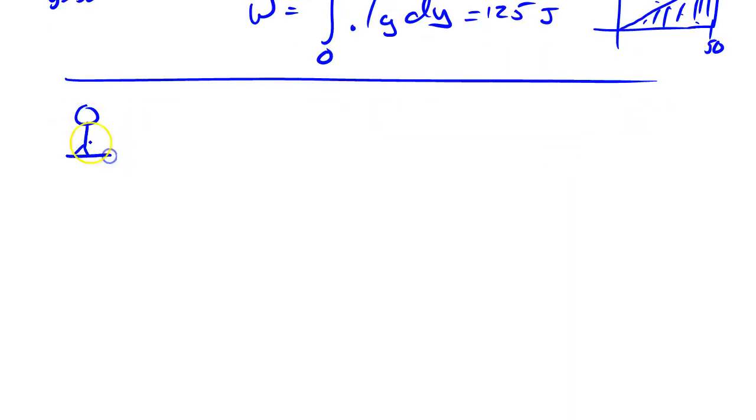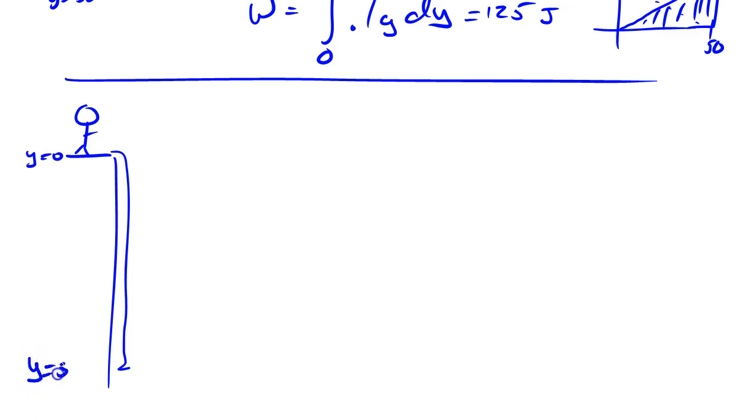Here's my celebratory mountain climber, and the rope hanging down all the way down to 50 meters. This time, what I'm going to do is measure again from the top down, so y equals 0 to y equals 50.